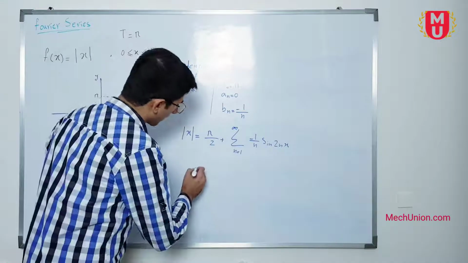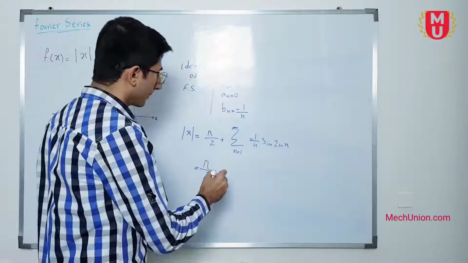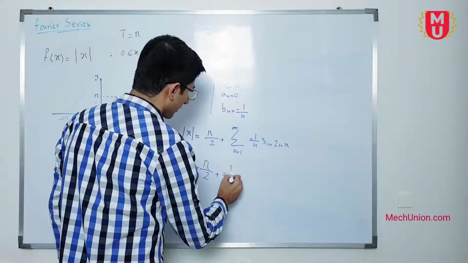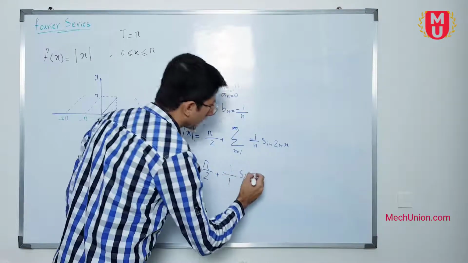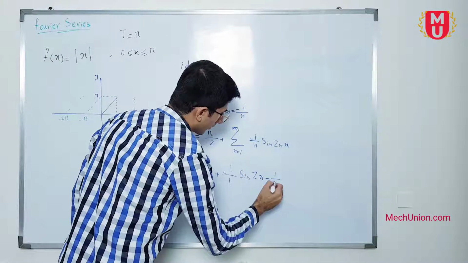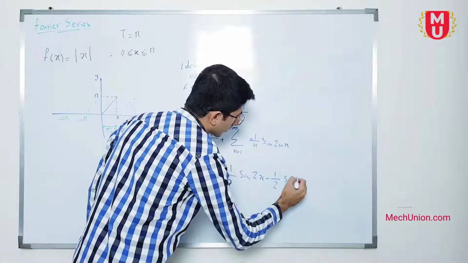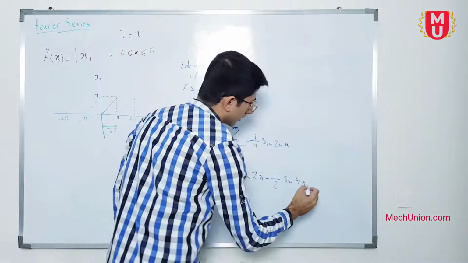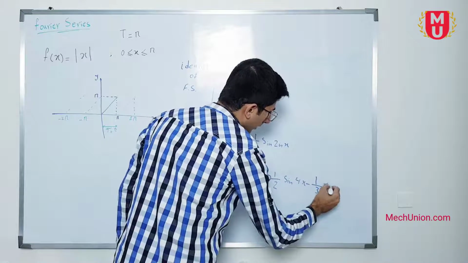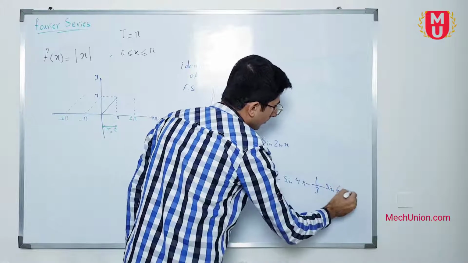We can open it up, that looks like this, plus we just put the numbers: minus 1 over 1 sine 2x, minus 1 over 2 sine 4x, minus 1 over 3 sine 6x, and so on.